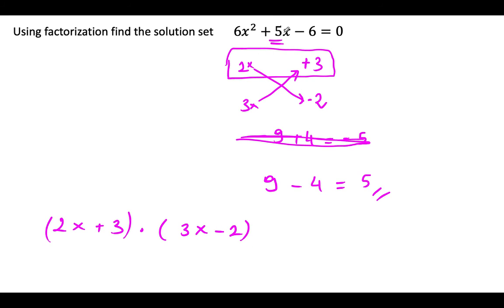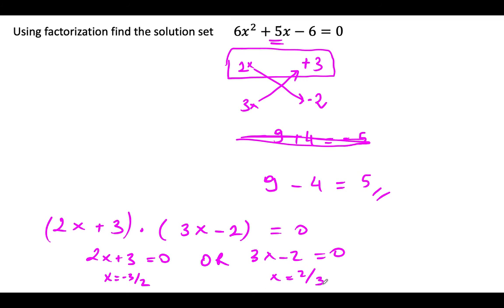We satisfy the number 5 with the cross product, but when we write the factorized form of the equation horizontally, we write it equal to 0. So 2x plus 3 is equal to 0, or 3x minus 2 is equal to 0. So x equals negative 3 over 2, and here x equals positive 2 over 3. So the solution set will be negative 3 over 2 comma 2 over 3. That's it.